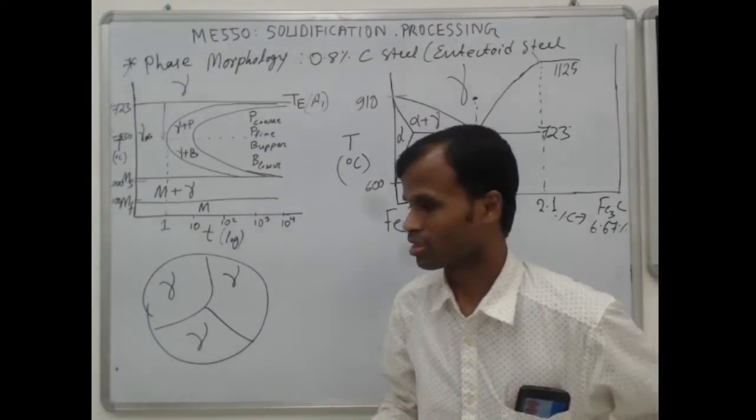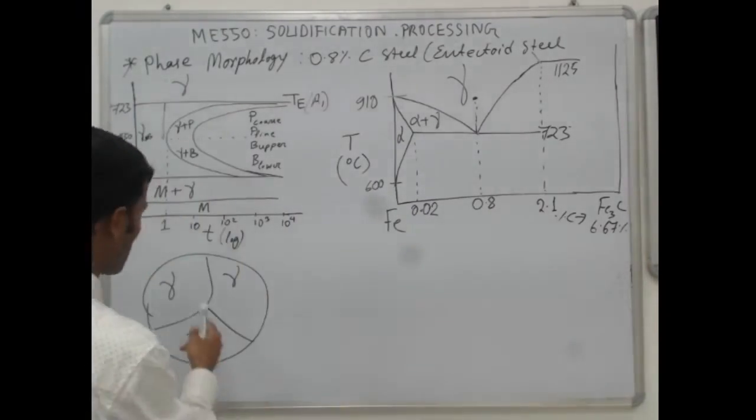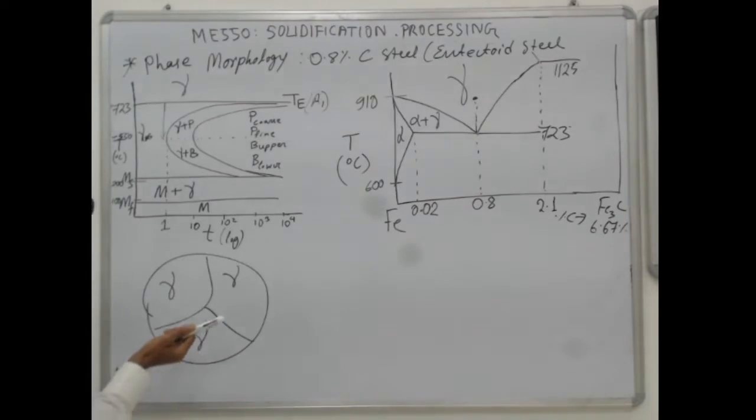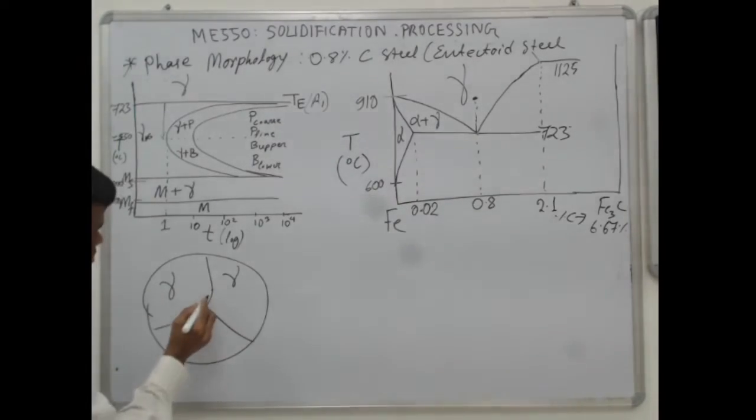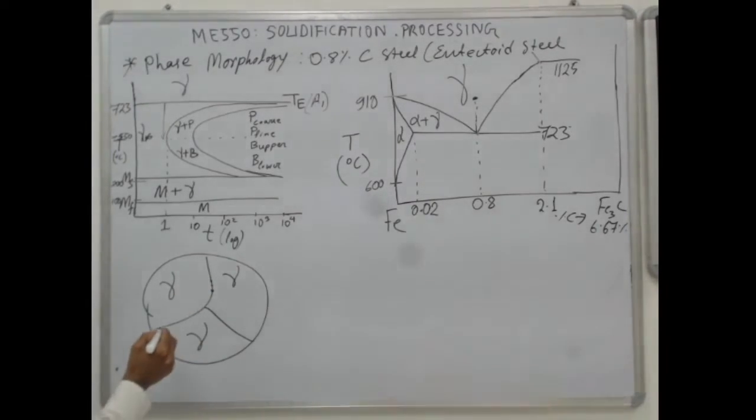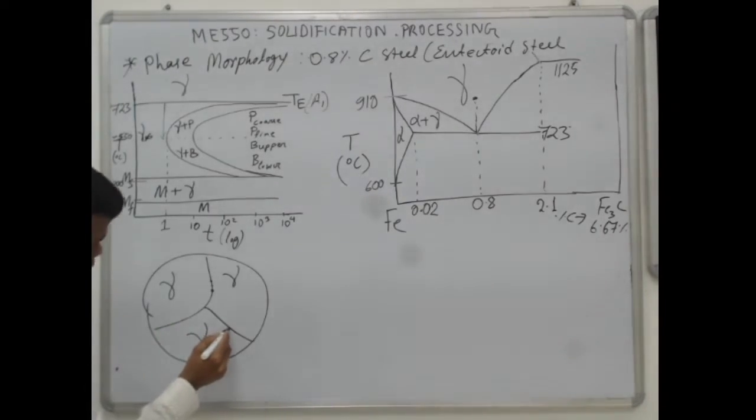While removing the excess carbon, some carbon will try to precipitate out at the grain boundary, say one here, one here, one here, at different locations. Suppose one Fe3C particle is nucleated here.